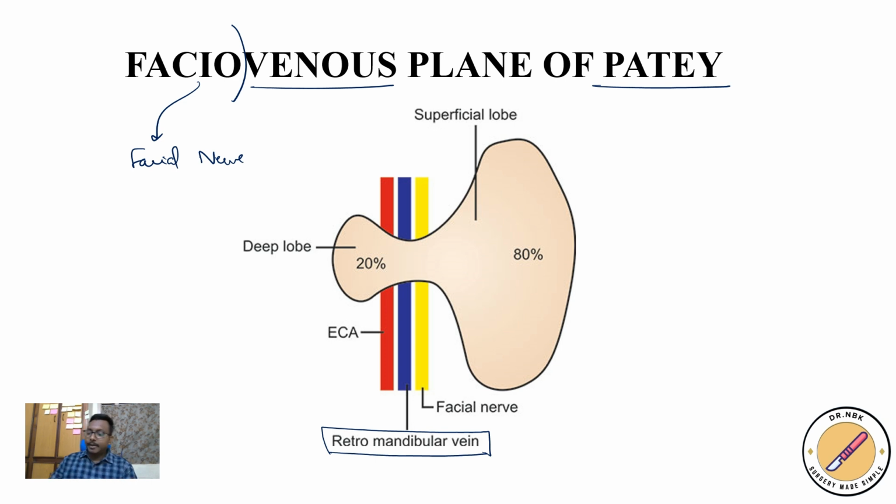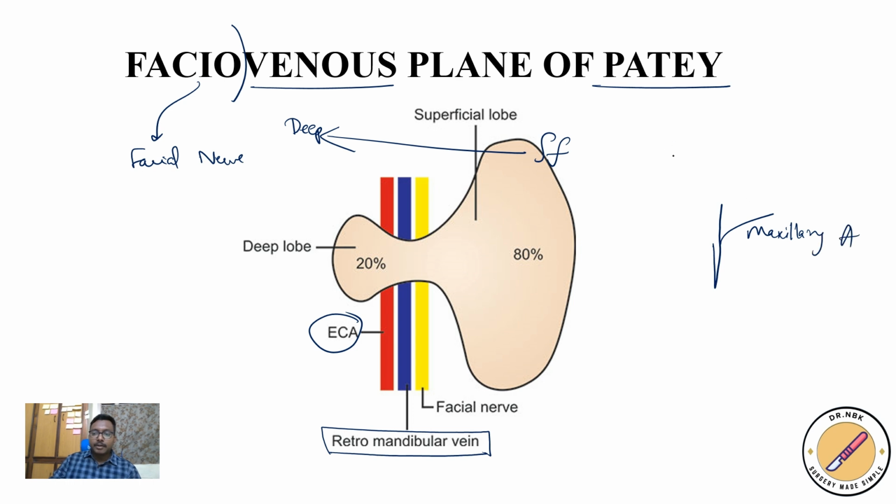From superficial to deep, the structures present in this plane are the facial nerve, then the retromandibular vein, then the external carotid artery, which divides into two important terminal branches: the maxillary artery and the superficial temporal artery.